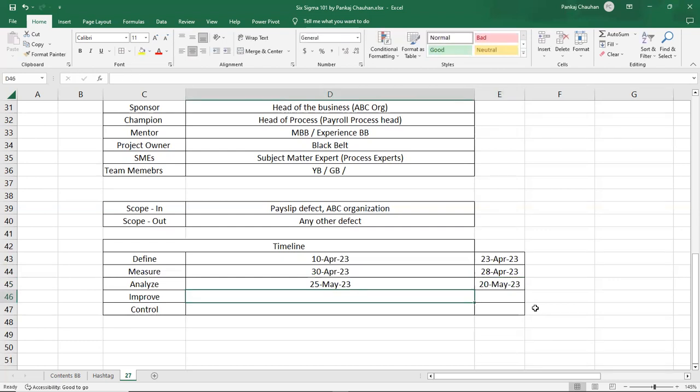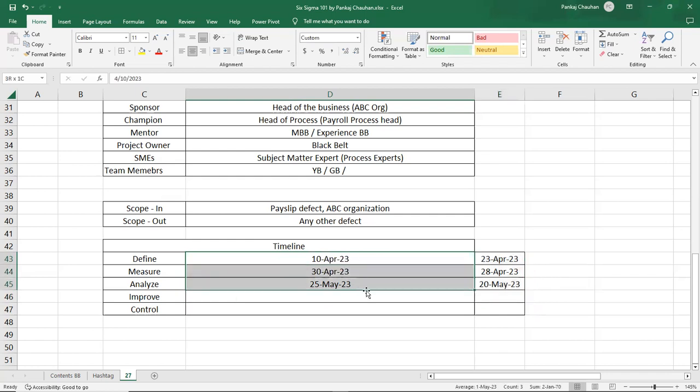Similarly, you will go for the improve phase. Improve phase takes maximum time. In the analyze phase, you have identified the root cause, but in the improve phase, you have to identify the actionables. You have to develop the improvement plan, implement that and sustain that.